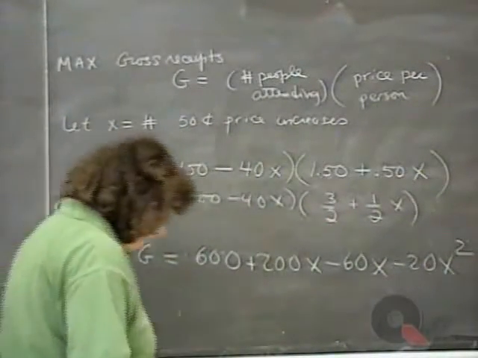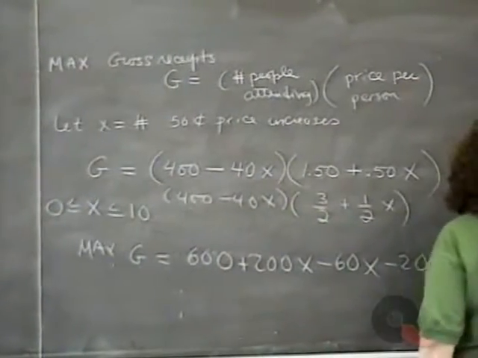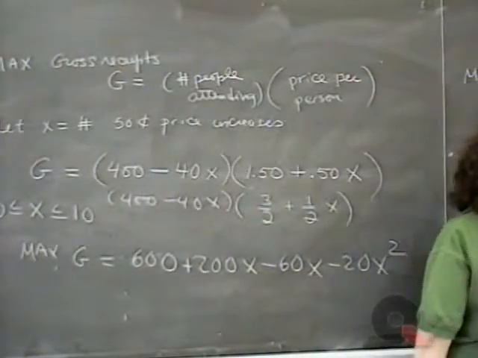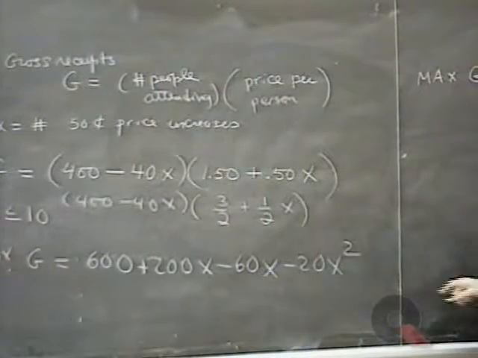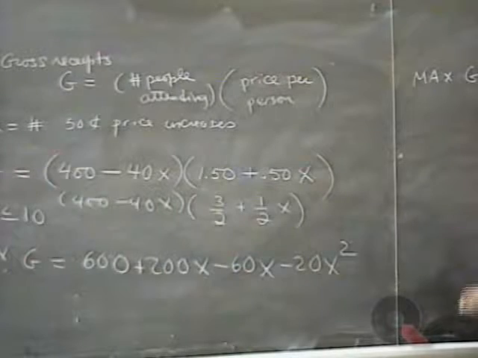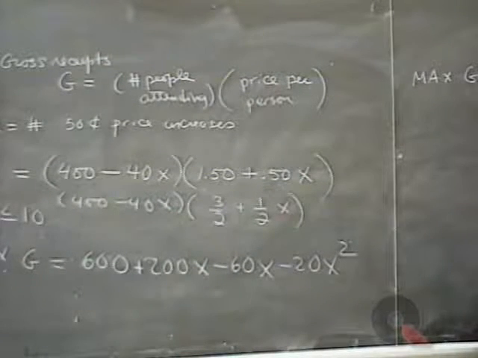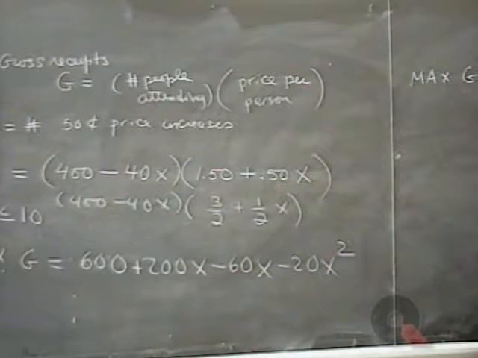So we want to maximize g, which is 600, plus 200 minus 160, so plus 140x minus 20x squared.